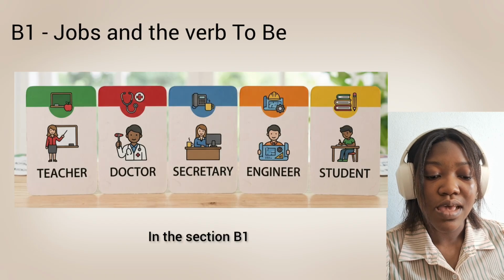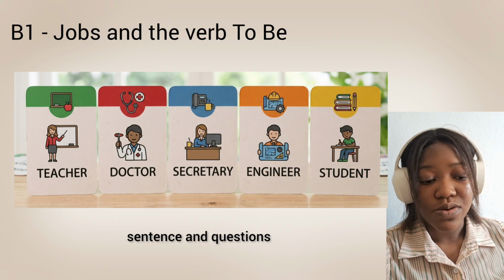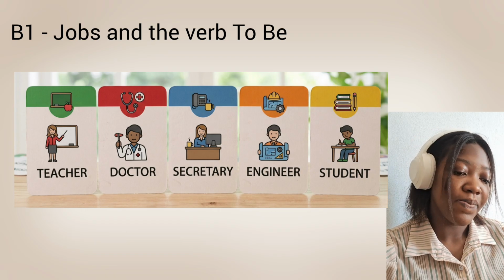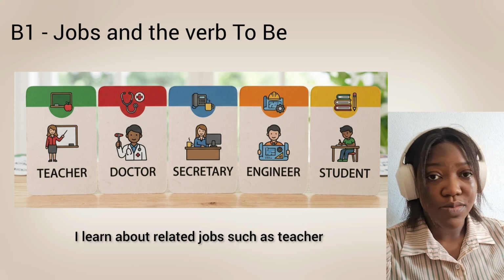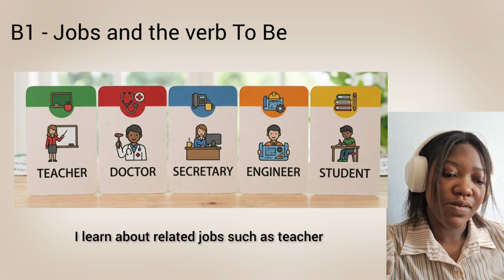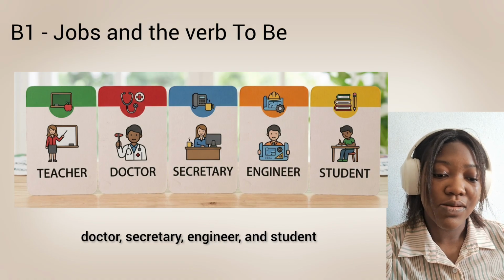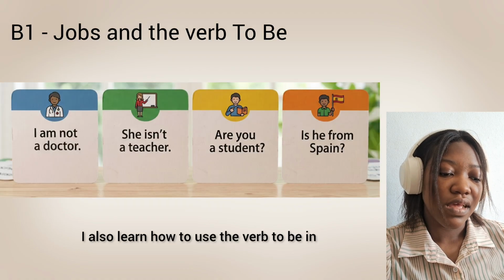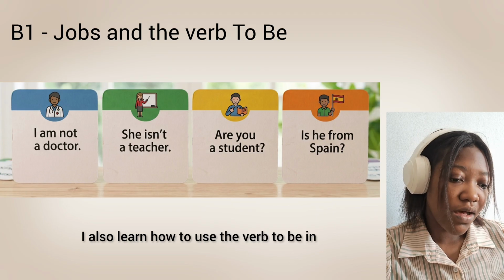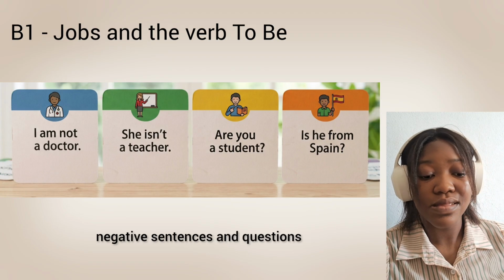In section B1, we have jobs and the verb to be in negative sentences and questions. In this section, I learned about jobs such as teacher, doctor, secretary, engineer, and student. I also learned how to use the verb to be in negative sentences and questions.